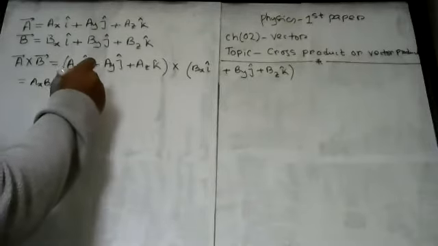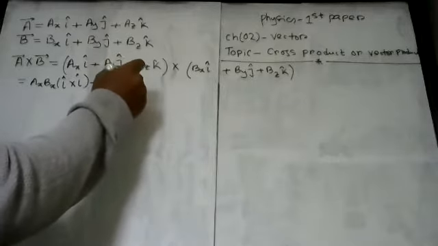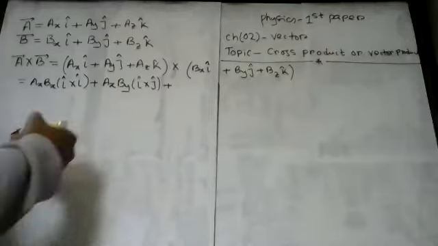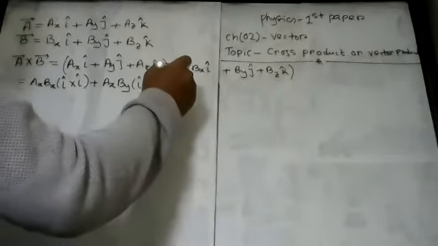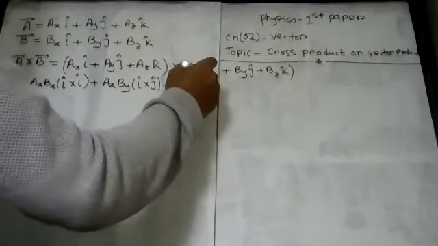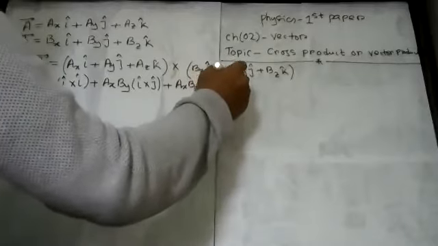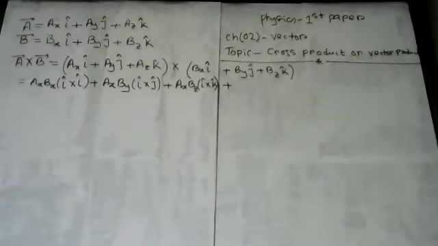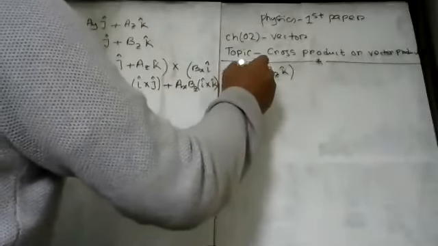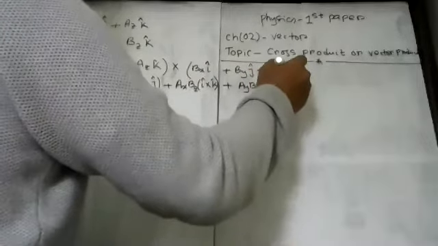Plus ax by, and this is i hat cross j hat. Plus ax bz, and this is i hat cross k hat. Plus ay bx, and this is j hat cross i hat.